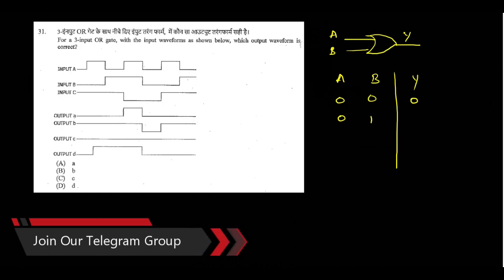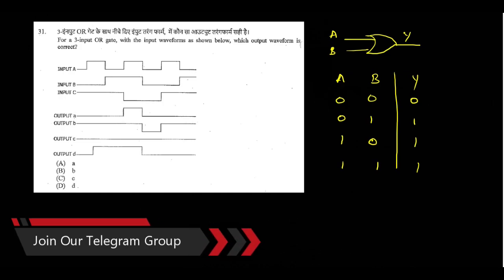Y is the output, A and B are the inputs. For an OR gate, if any one of the inputs is high, you will get output high. So when it is 0, 0, output is low. 0, 1 gives 1, 1, 0 also gives 1, 1, 1 also gives 1.